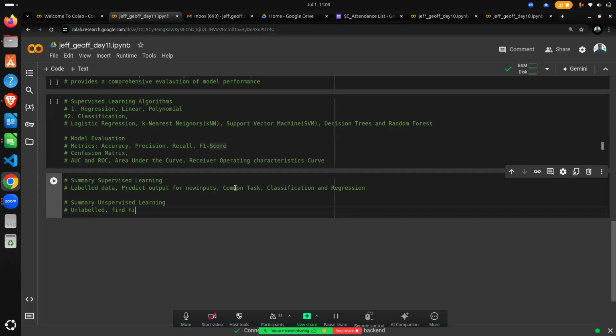Find hidden patterns, or structure in data.